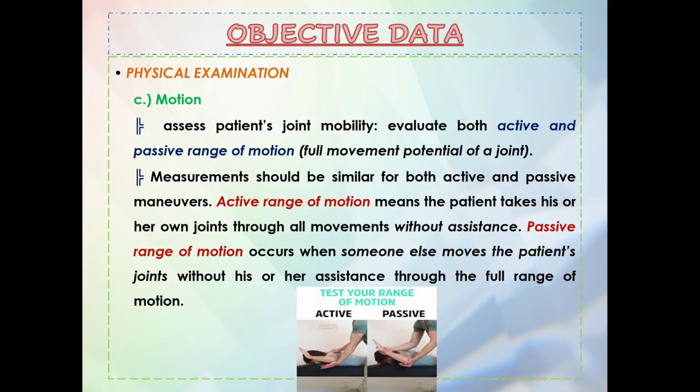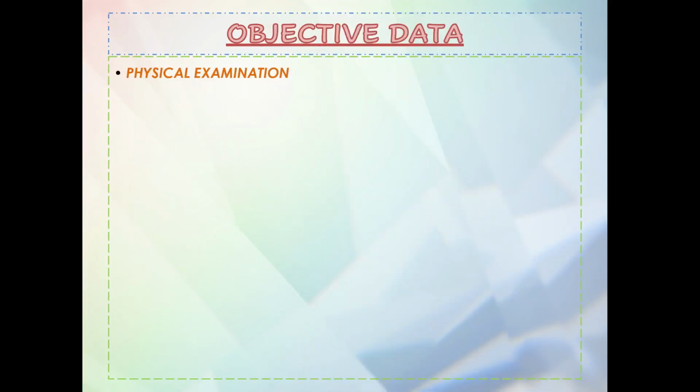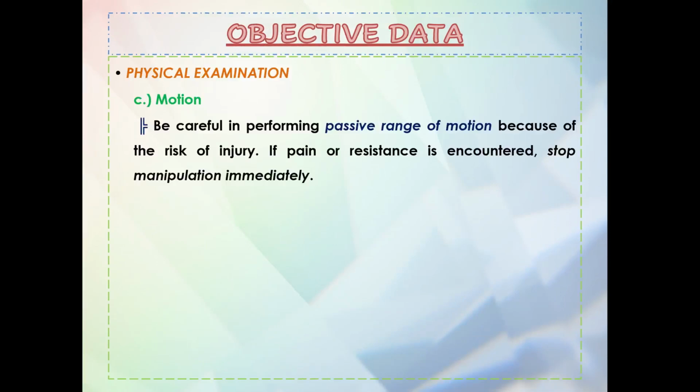Okay, next we have, so to continue about motion, be careful performing passive ROM because of the risk of injury, especially kung mga medyo maedad yung ipa-passive ROM natin since tayo yung magagalaw ng joints nila or ng body parts nila. So you have to be careful. So if pain or resistance is encountered, stop the manipulation immediately. So pag sinabi niya masakit na, so you have to stop na.